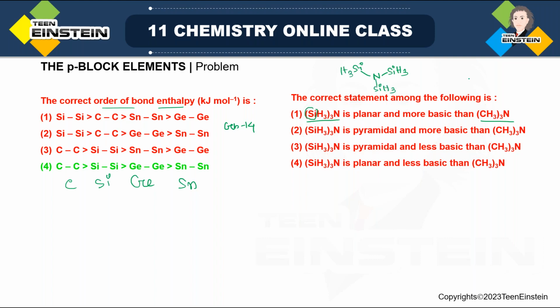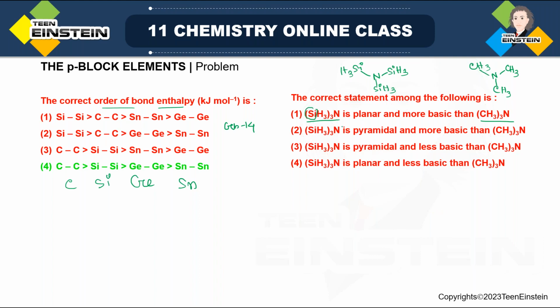For (CH3)3N, 3 CH3 groups. The difference is that in the first compound we have silicon, in the second we have carbon. And carbon and silicon are both group 14 elements. So we have to find the correct statement.